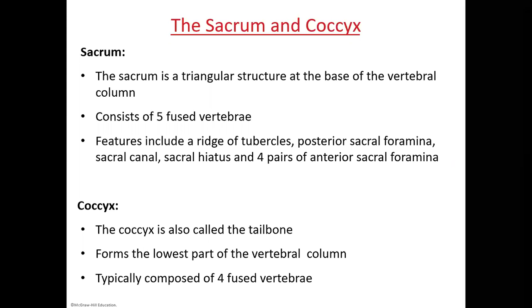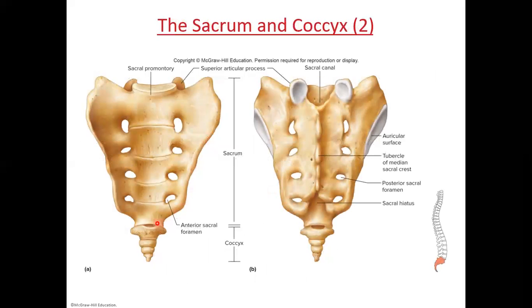And here's a picture of it. You can see that this top part is the sacrum. Here's the anterior and posterior view, so you can see the back of it. If you've ever fallen real hard on your rear end and you're sore because you landed on your bone, it's because maybe you bruised your sacrum. Now the coccyx is at the bottom, down here.